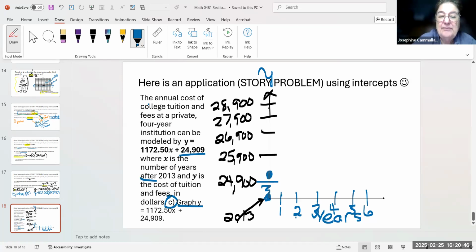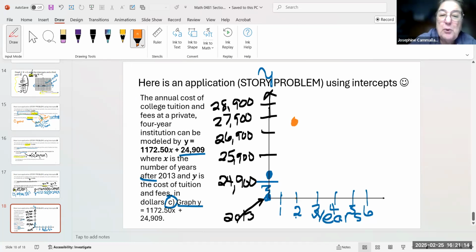I'm guessing. Now, the next 2 points were 2015, which is year 2, and I had 27,254. So that means this year I am going up to 27,000.